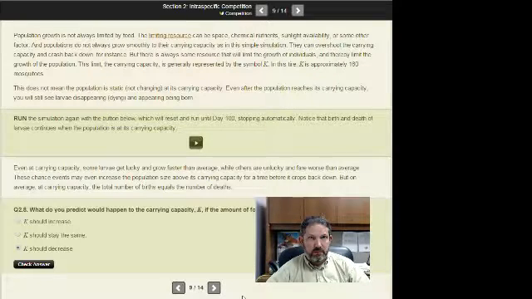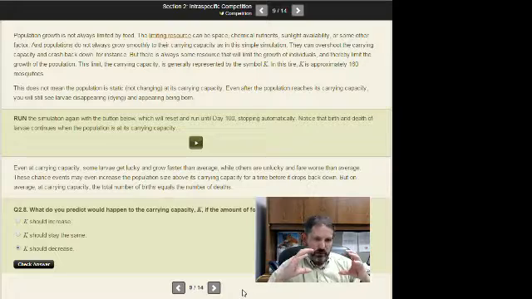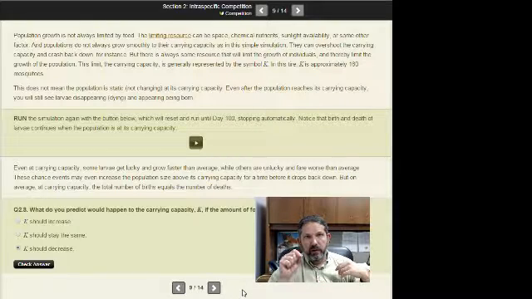K is carrying capacity. Now, carrying capacity just means we have this many resources. This is the population that we can sustain with this many resources. The only thing I want to say about carrying capacity is it doesn't stay the same all the time.